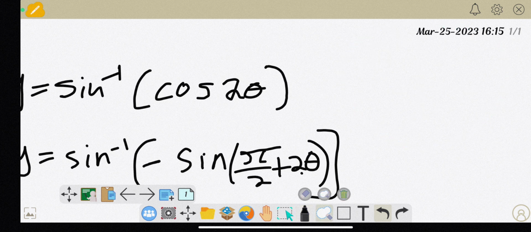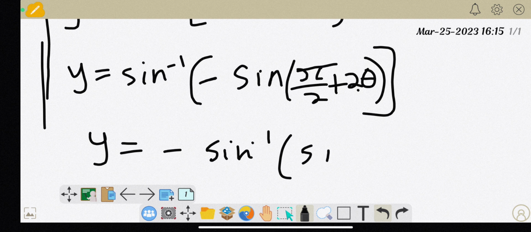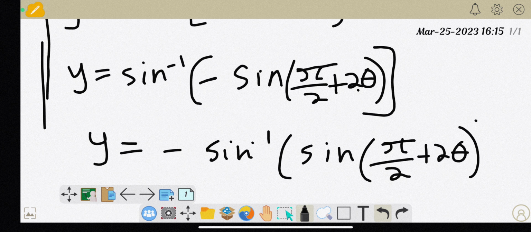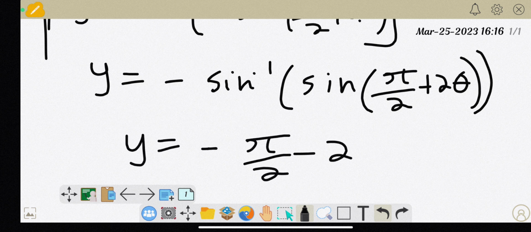So I have to put a negative sign here. So y is equal to minus of sine inverse sine of pi by 2 plus 2 theta. Now if I open this bracket, sine inverse and sine will cancel. So minus pi by 2 minus 2 theta.